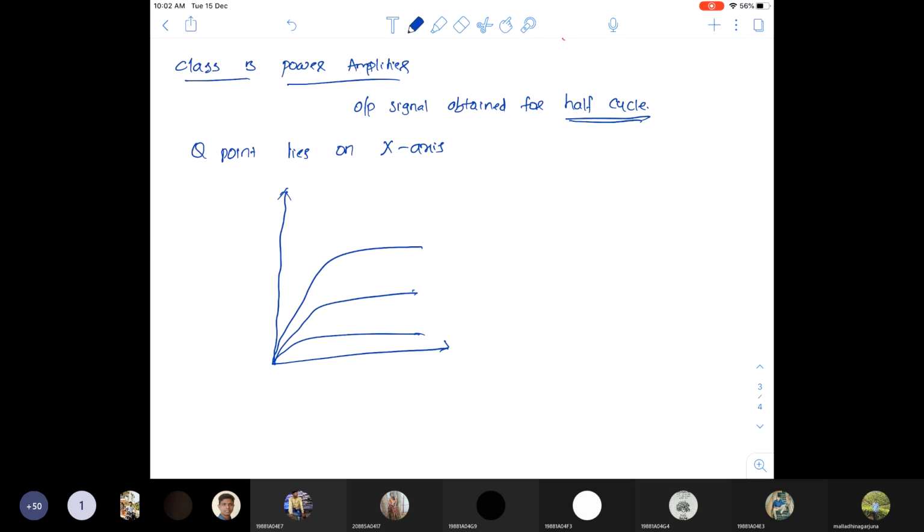So the load line is this. Load line is this. So this is the Q point.